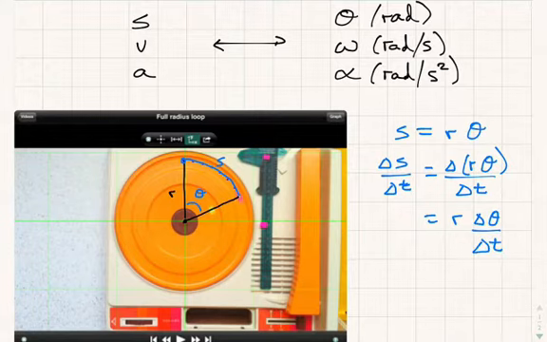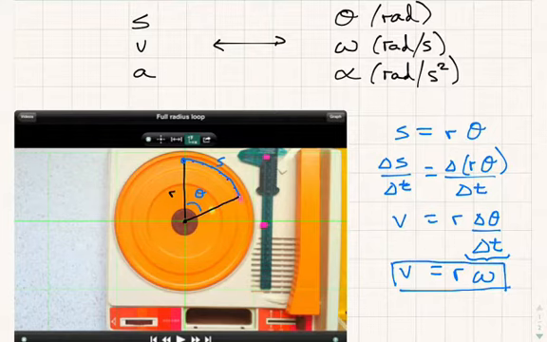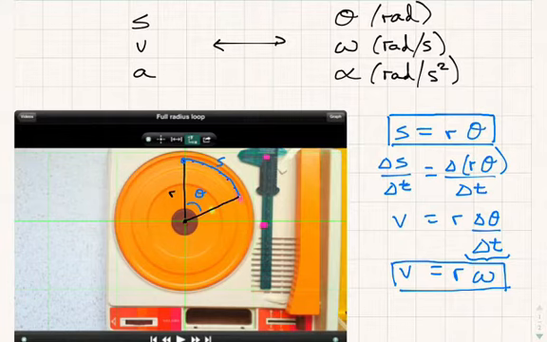And again, on the left-hand side, a change in linear position over a change in time is just the linear velocity. So there we have it. The linear velocity is equal to r times delta theta over delta t, well, that's the angular velocity. So that's how we can relate linear velocity with angular velocity, just like we can relate linear position with angular position through the arc length equation.